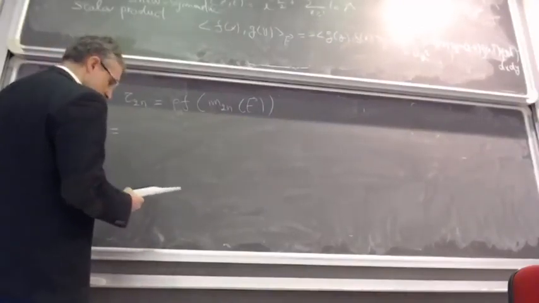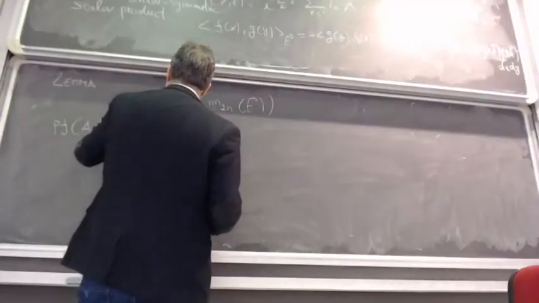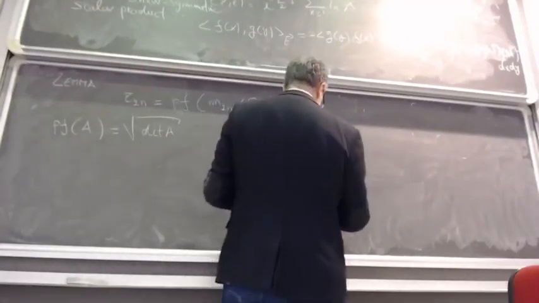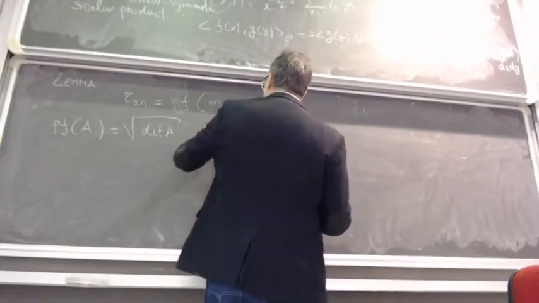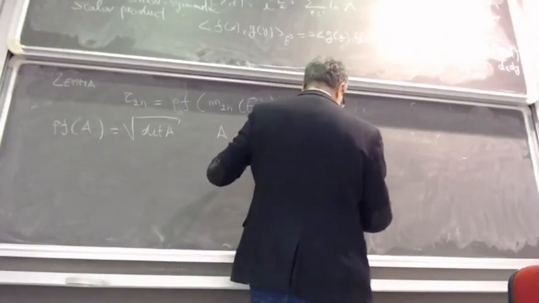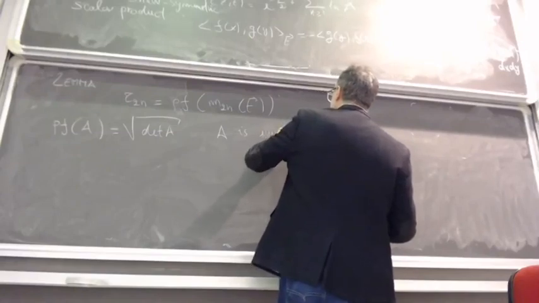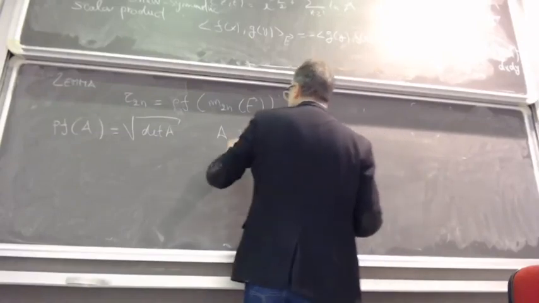Okay, so the Pfaffian of A is the square root of the determinant of A, where A is even order skew-symmetric.